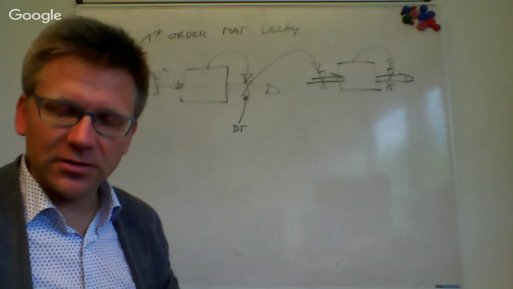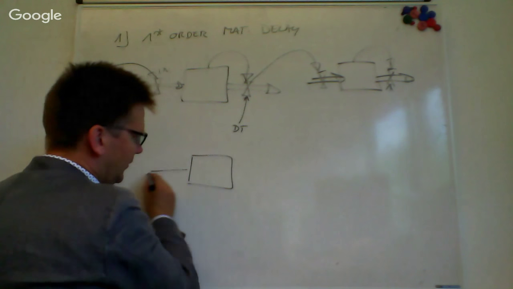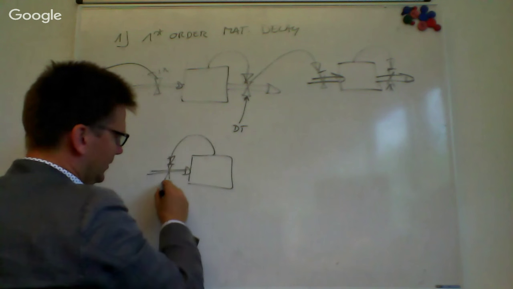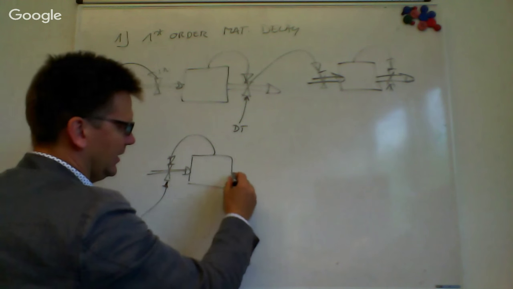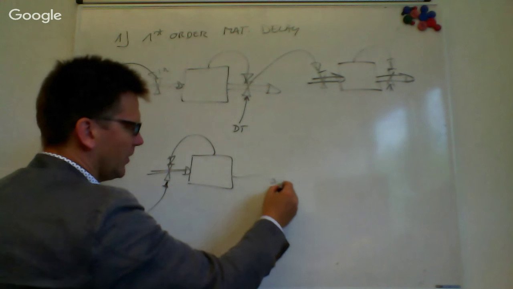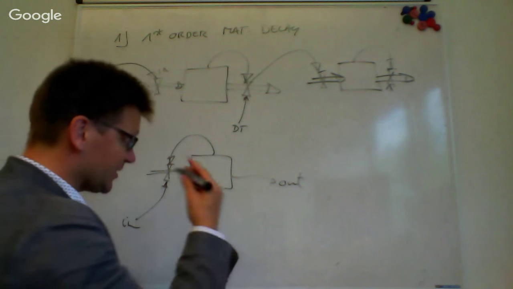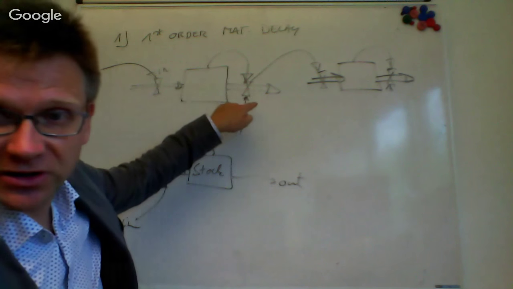Now, the underlying structure of an information delay is an inflow to a stock, and then there's something going in, and we are interested in the stock value as whatever goes out. So we're interested in the stock value, while in a first order material delay, we were interested in the outflow.